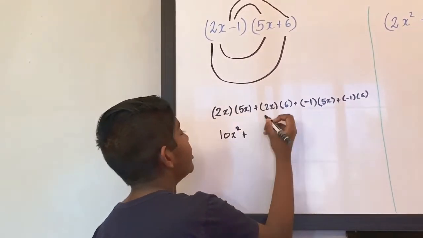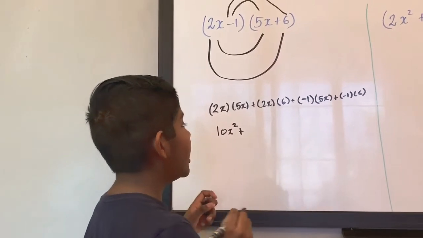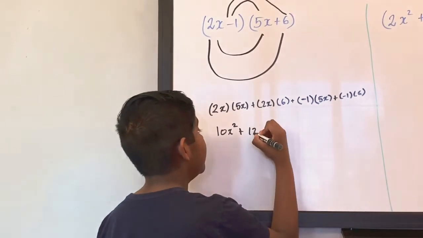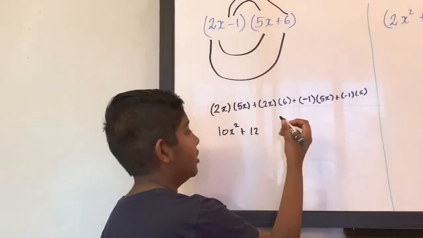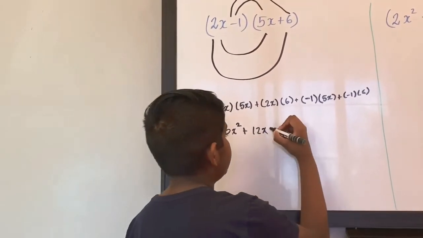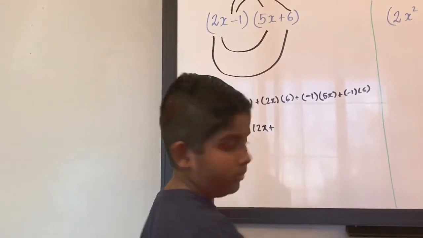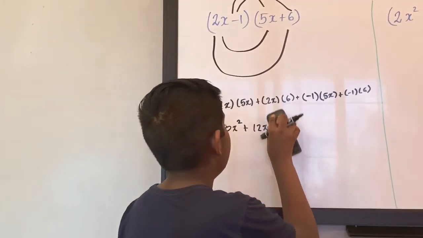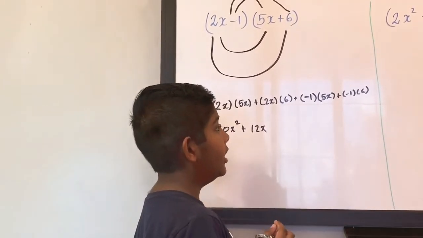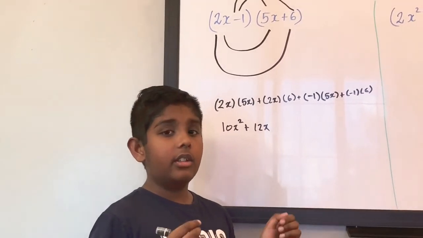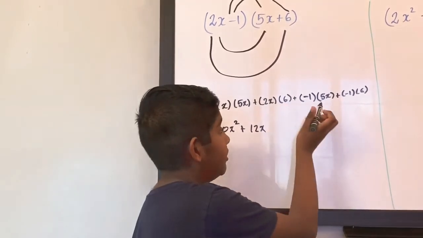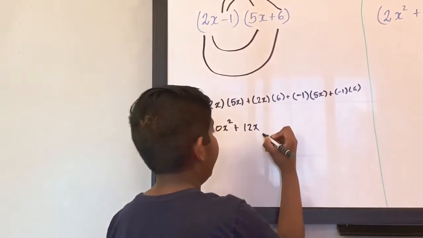And then 2x times 6. Positive 2 times positive 6 is positive 12. We have x and no variable here, so let's just write down x. Then negative 1 times positive 5x. Negative 1 times positive 5 is negative 5, because we have a positive number and a negative number.